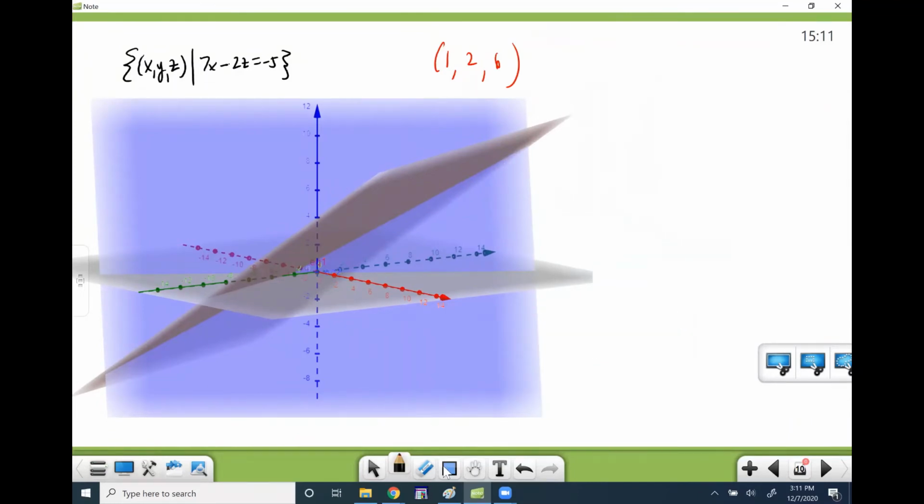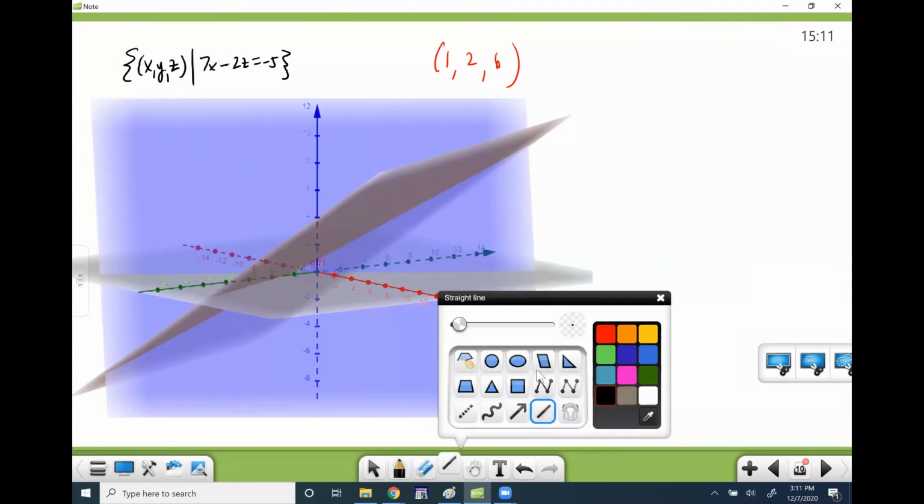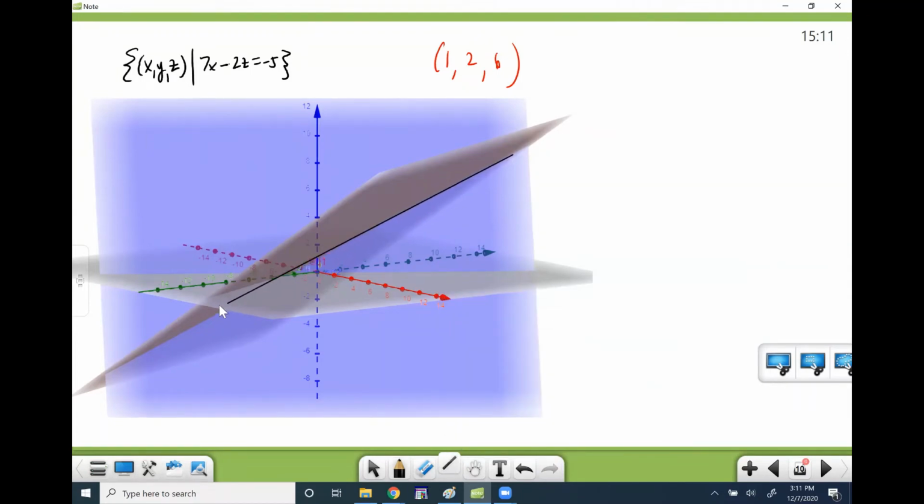So this line is the solution, because that's where the red and the purple crossed. So any point on that is going to be a point that's going to work for the given equations in the beginning. Okay. All right.